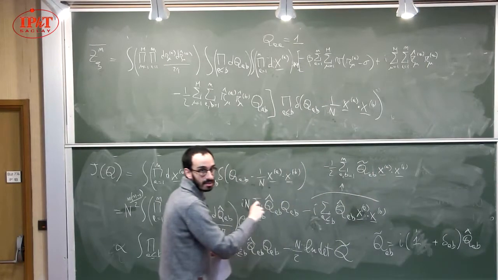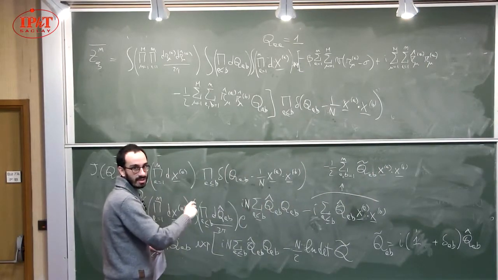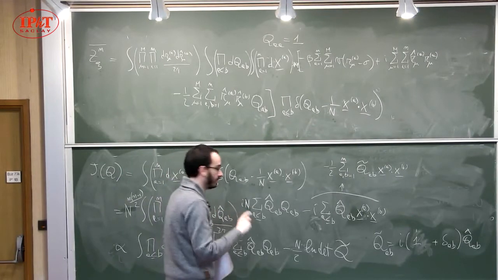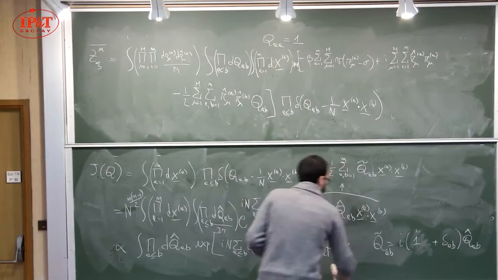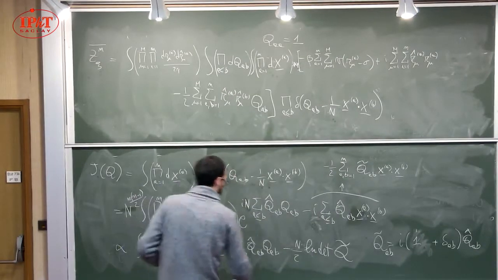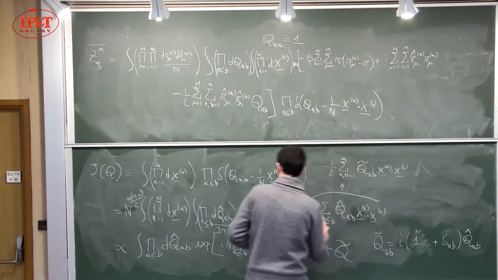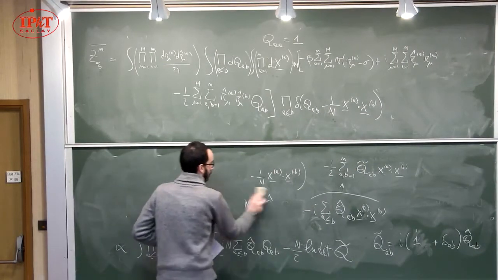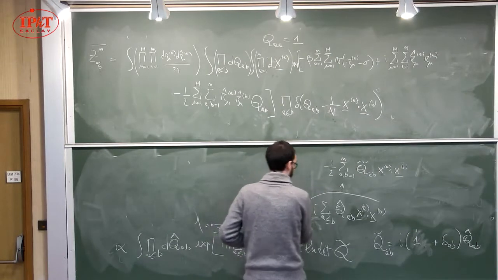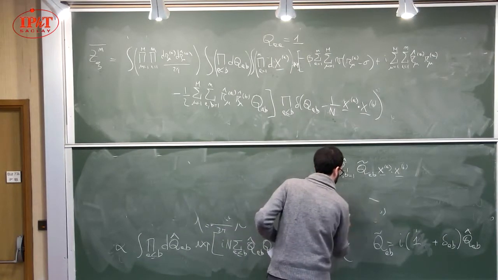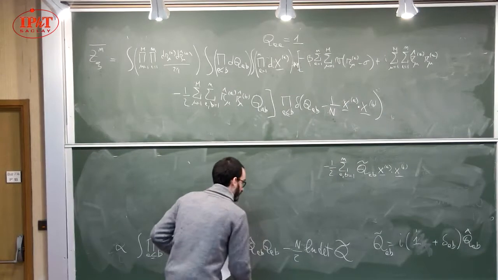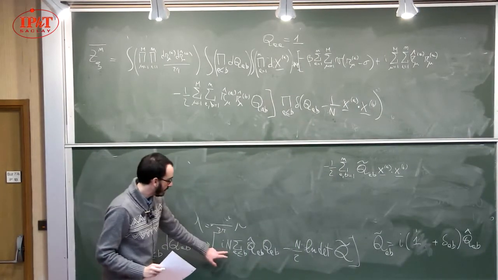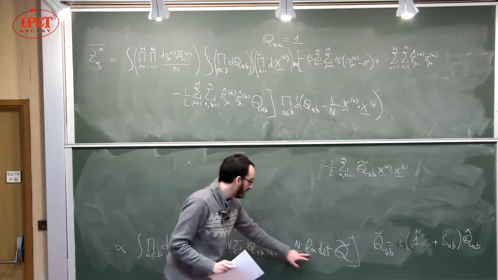Is it clear? Do you want me to do it more carefully? It's okay? Okay. So now you have this. And now suppose that you take n very large, then you can use the saddle point method.